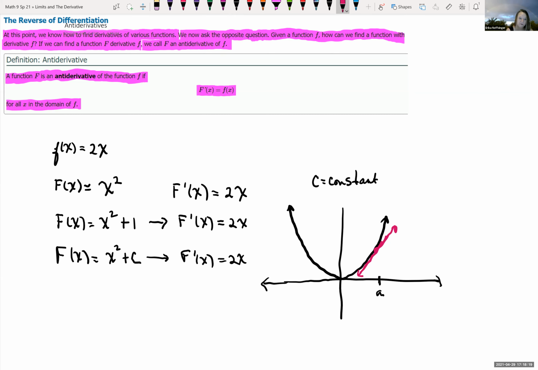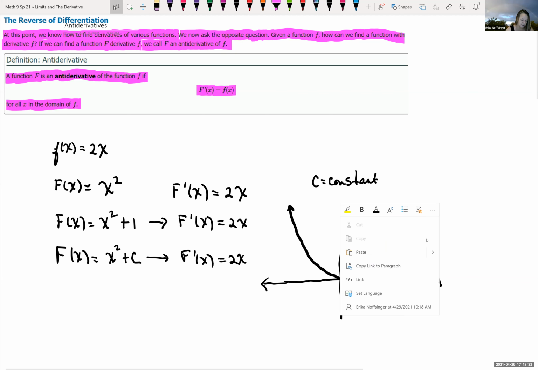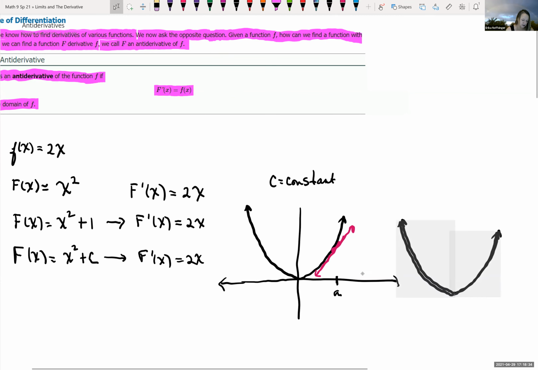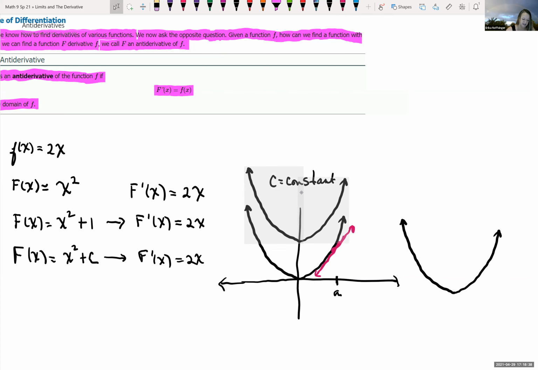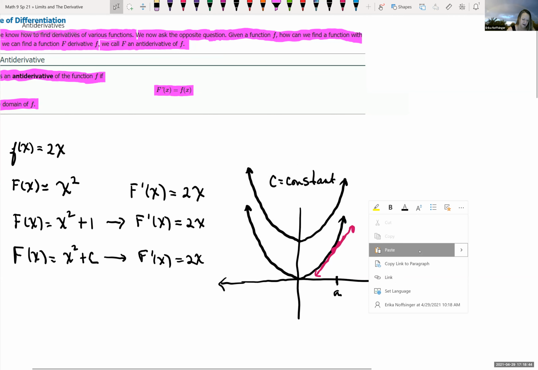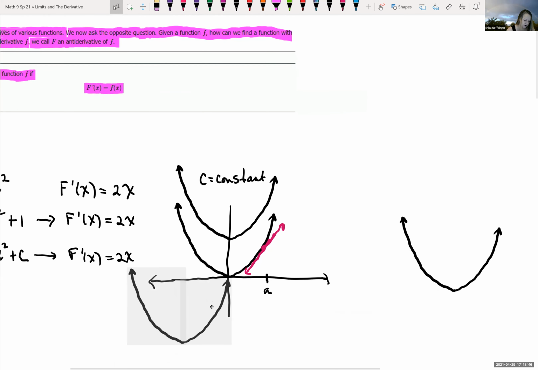Recall that if you have some function and you add a constant to it, all that's doing is shifting our function either up or down. It's a vertical shift. So if I take this function, it's growing at the same rate, it's just shifted up, or it could be shifted down.